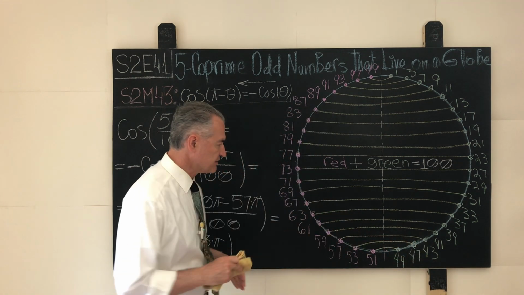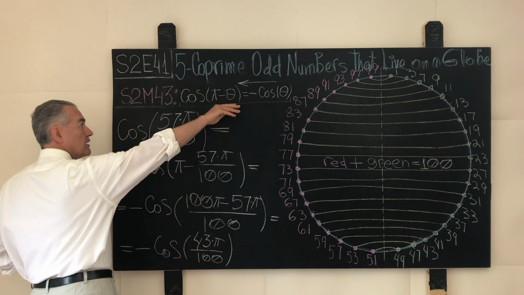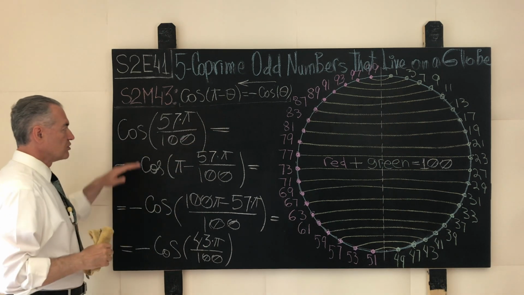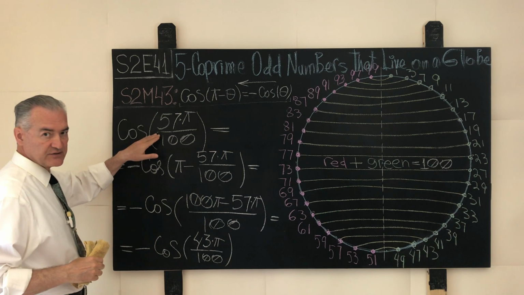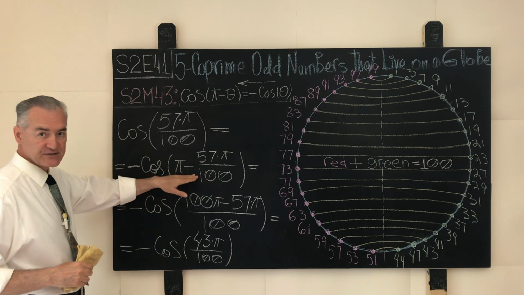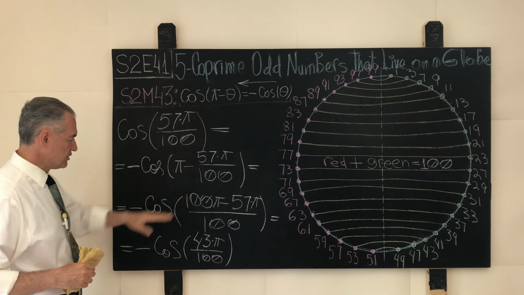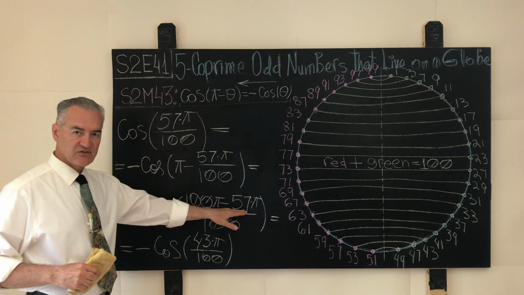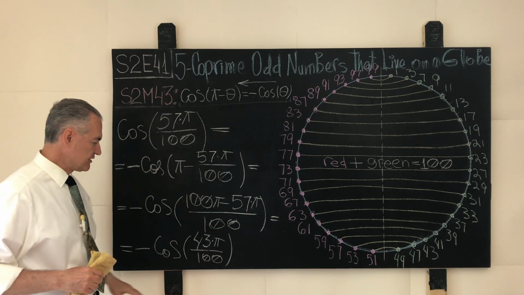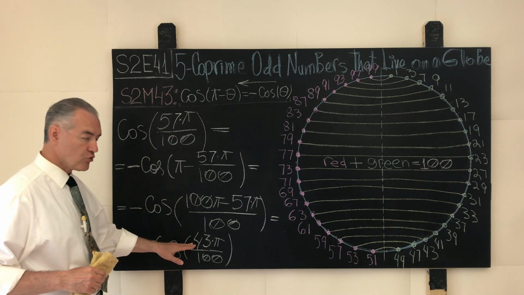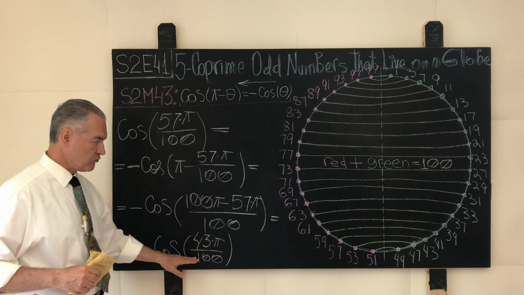And that means that according to our first divide and conquer formula, the cosine of 57 times pi over 100 is equal to negative cosine of pi minus the same argument, which is negative cosine of 100 pi minus 57 pi over 100. This comes down to negative cosine of what? 43 times pi over 100.